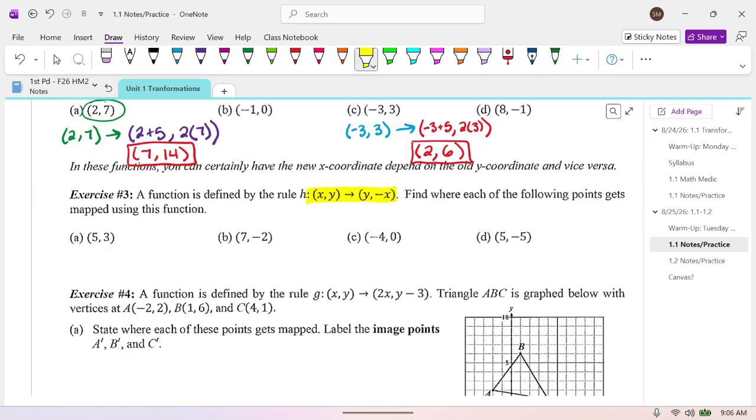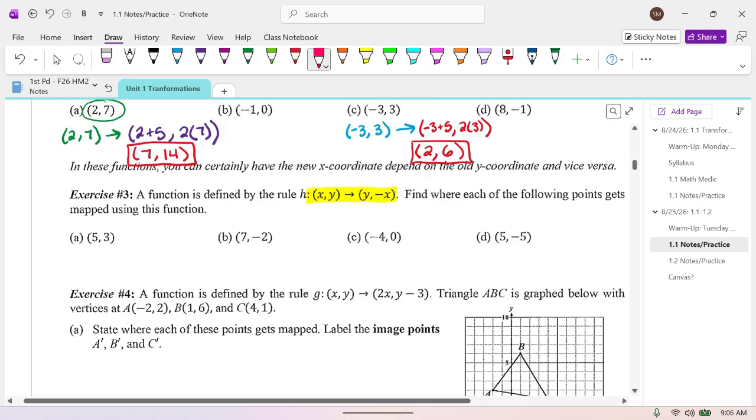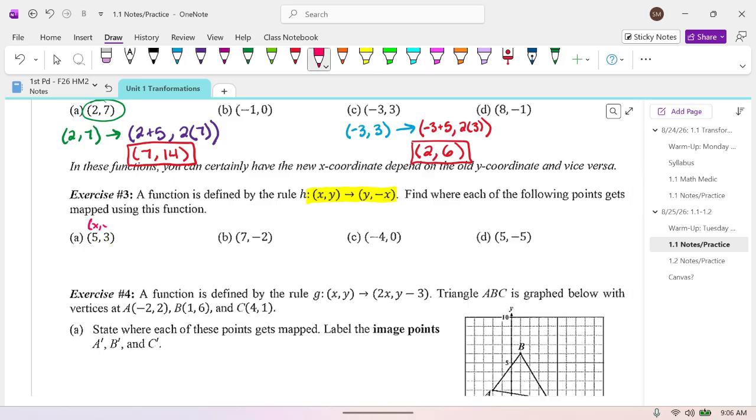Okay, it might be a little bit easier if we put the numbers to it. So let's look at letter A. If we start with 5, 3, this is the point xy. How do I change it to look like y, negative x? So we're not there yet. I just want to know what we do to the point itself.